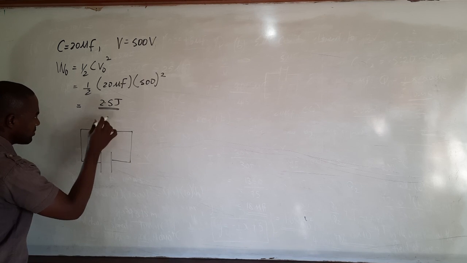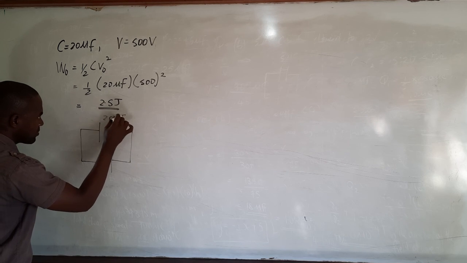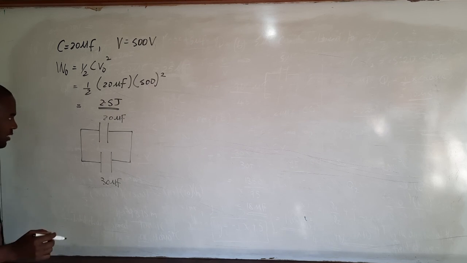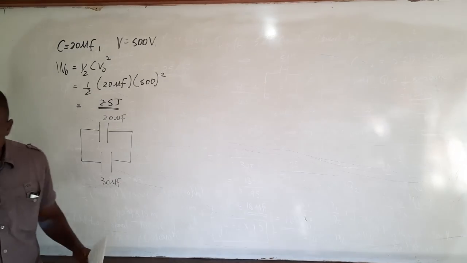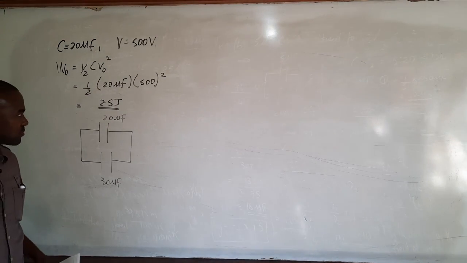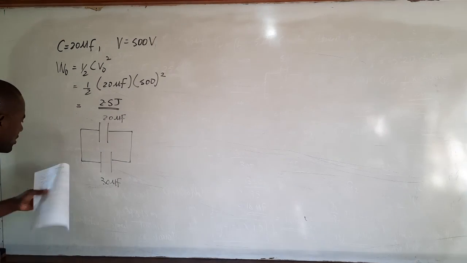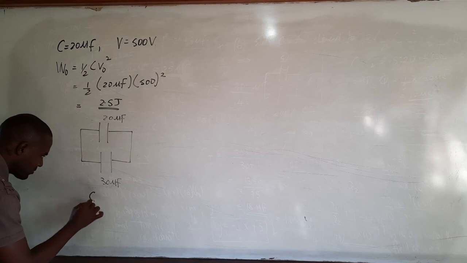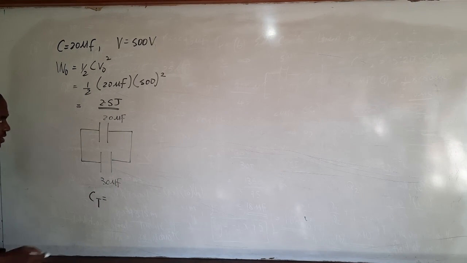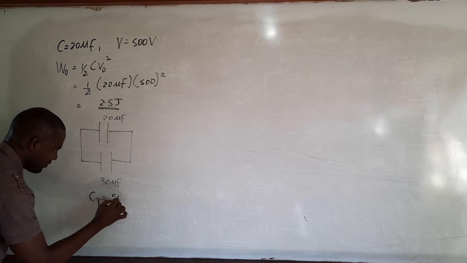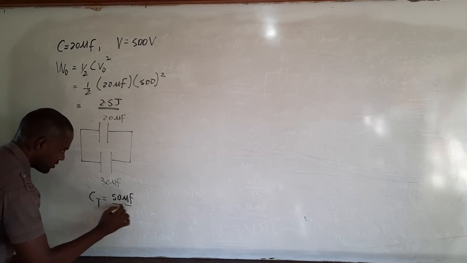This one is the 20 microfarad capacitor, and this is the 30 microfarad capacitor. And they want us now to find the total energy stored after this connection is made. So first of all, because they're connected in parallel, the total capacitance, CT, is simply equal to the sum of the capacitances. So 20 plus 30 gives us 50 microfarads.